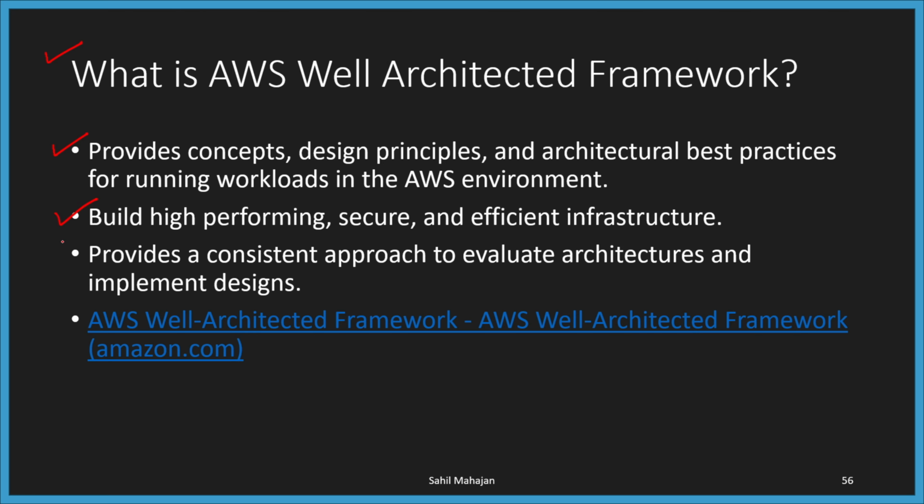So this framework helps you build high-performing, secure, and efficient infrastructure in the cloud. It provides a consistent approach to evaluate architectures and implement designs. Again, this may be a lot for you guys to understand, but you can think of it as best practices provided by AWS to run workloads in the cloud, as simple as that.